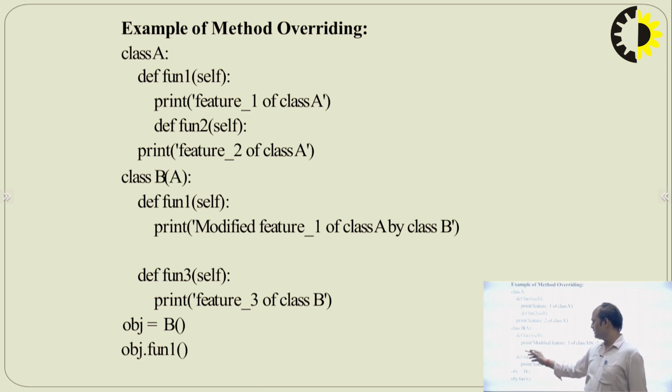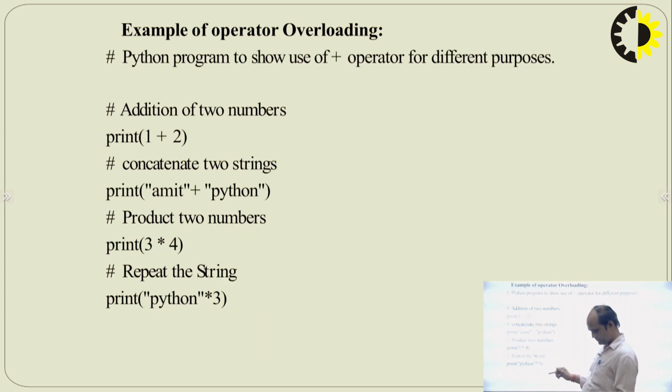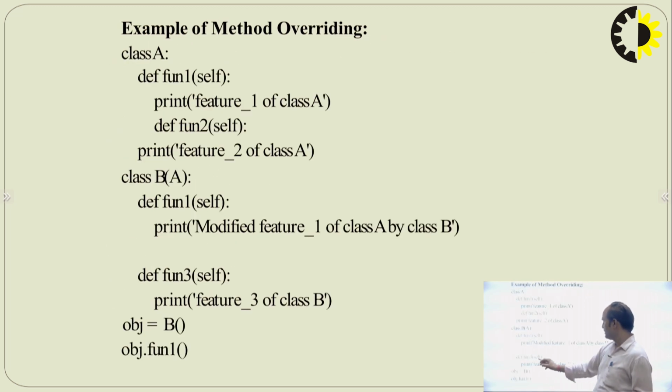After that we create one more function, passing self, with a print statement. Then object equal to B and object dot fun1. This is called method overriding.